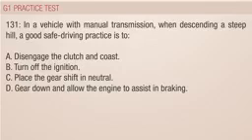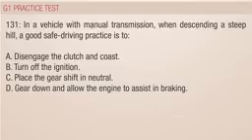Question 131. In a vehicle with manual transmission, when descending a steep hill, a good safe driving practice is to A. Disengage the clutch and coast. B. Turn off the ignition. C. Place the gear shift in neutral.